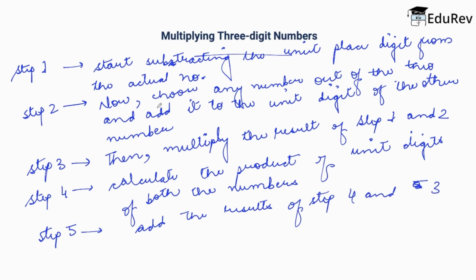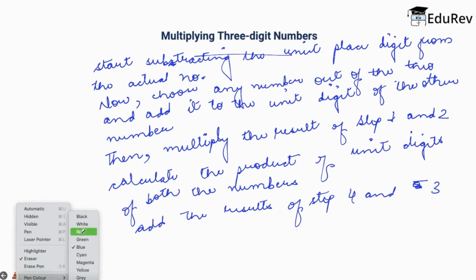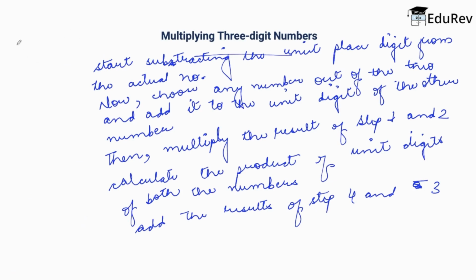Alright, so now let's understand what all I wrote in this with the help of an example. So I'm going to erase a little bit. Alright. So let's suppose I'm taking two numbers, that is 306 into 308.